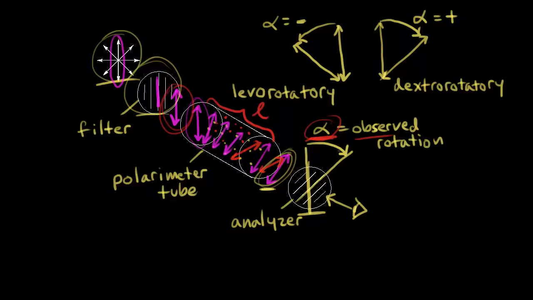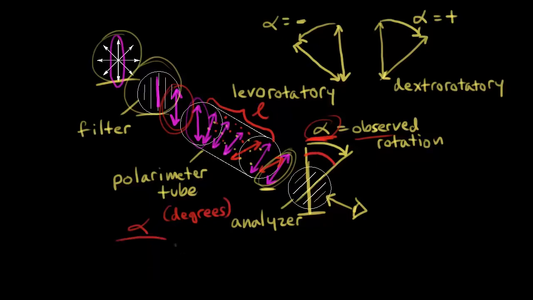So let's take these ideas of observed rotation, concentration and path length, and turn them into an equation. The observed rotation, which is alpha, is measured in degrees, so think about an angle in degrees for your observed rotation.